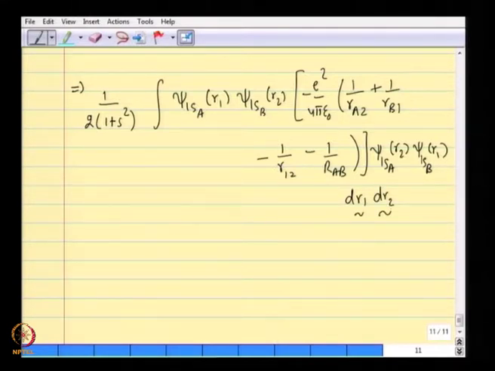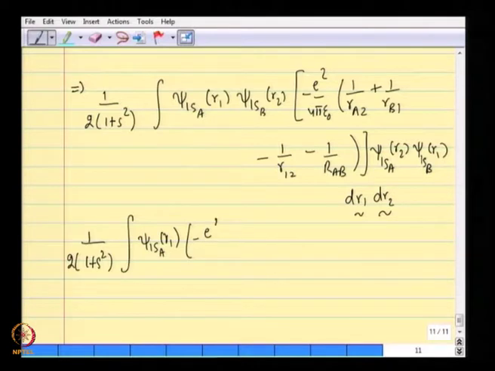If you look at this and separate this into coordinates of the electrons, what you get is exactly similar things to what you had as the K integral in the H2 plus ion, that is the exchange integral. Let us write that out. It is psi 1s A of r1, and the coordinate r1 is of course minus e square by 4 pi epsilon naught r B1, psi 1s B of r1, dr1.